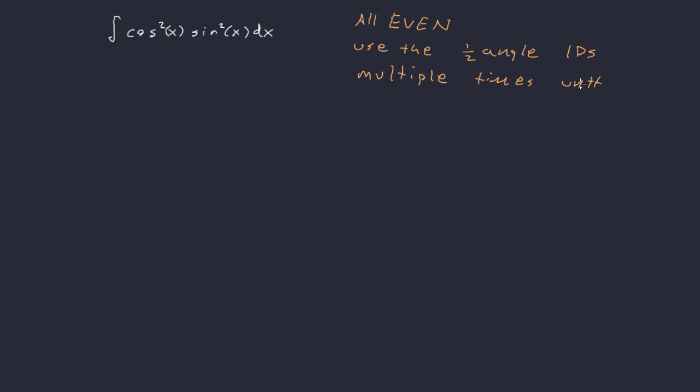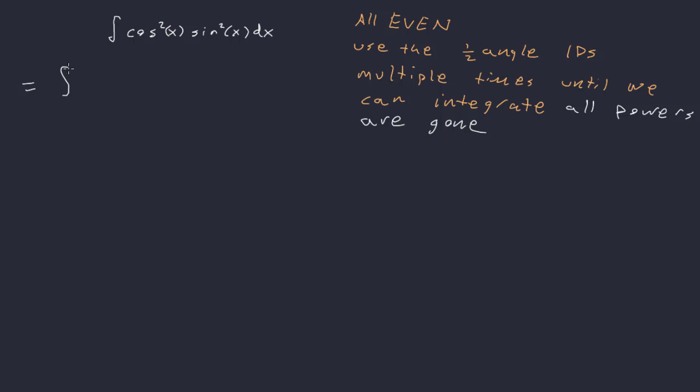All right, so some of you may be asking, well, how do we know? And in this case, what this means is when all of our powers are gone. All right, so what we do is we use the half angle identities multiple times.